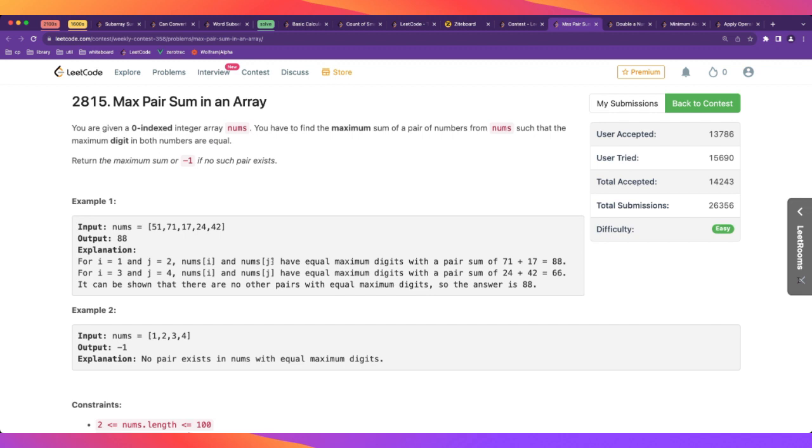The number of pairs is of order n squared, and n in this case is at most 100, so 100 squared is 10,000. So we can get away with a brute force search.